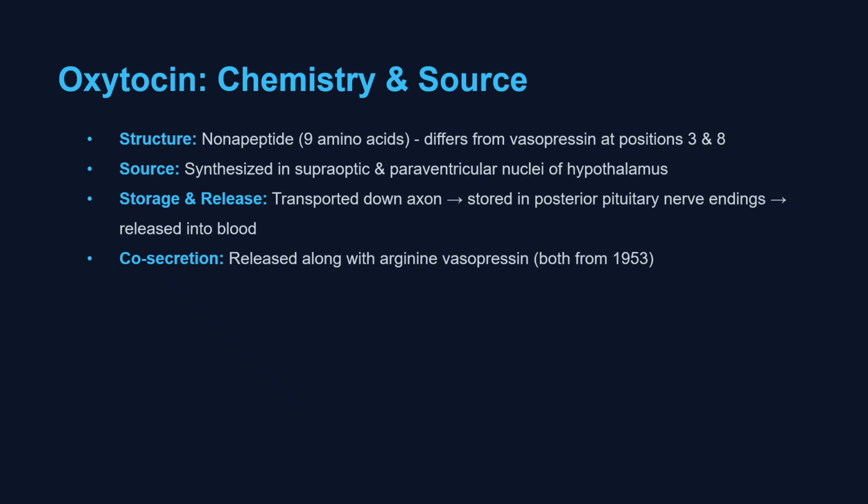Now we are going to see about its structure, source, and storage. Moving to structure, oxytocin is a nonapeptide, with 9 amino acids. From the name of the classification itself you may get an idea: it is a posterior pituitary hormone, secreted by the posterior pituitary.